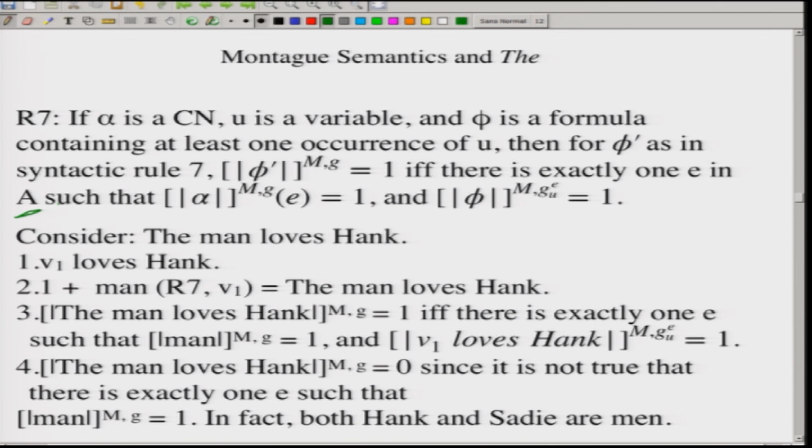So, we need to understand what this phrase is trying to do.